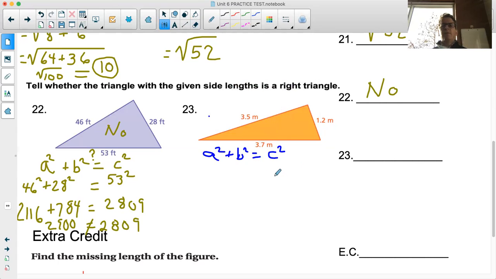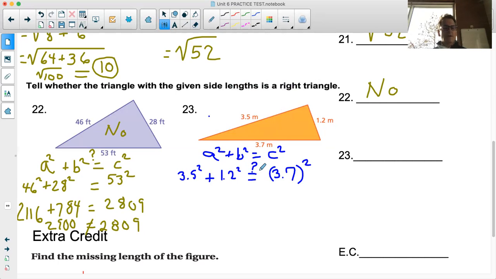The longest side in this case is 3.7, and that value is squared. The other two are our legs, 3.5 squared plus 1.2 squared. And we're checking to see if this is true.